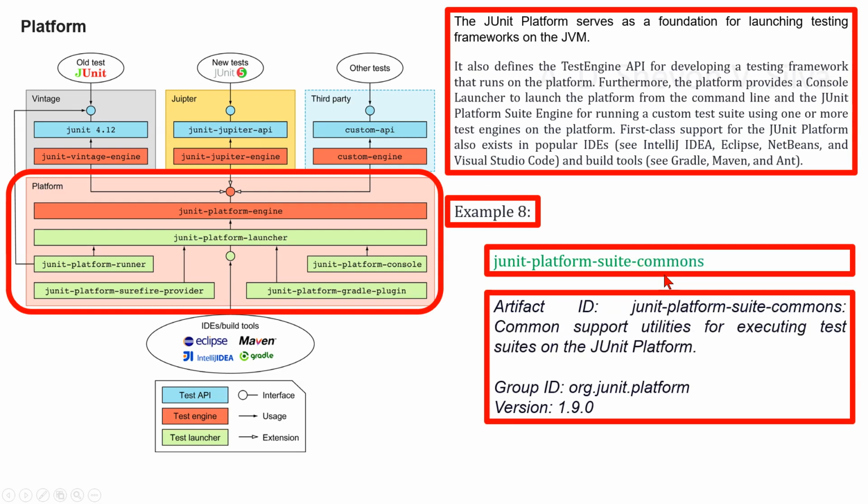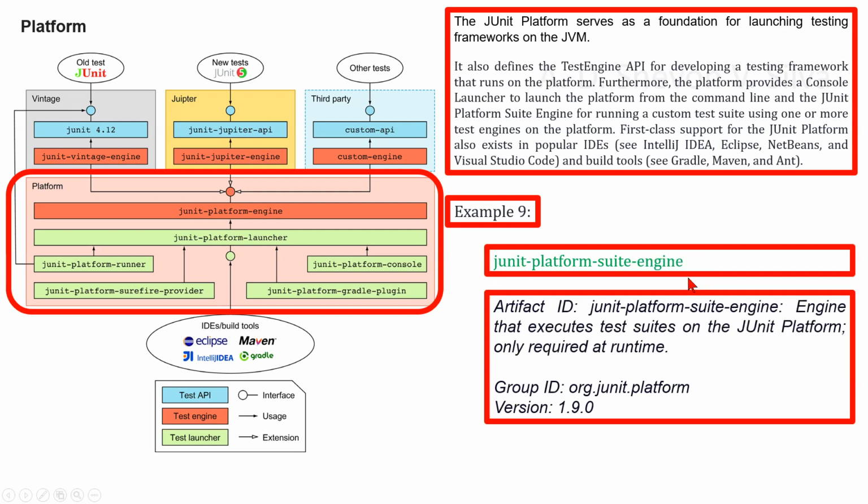org.junit.platform. As an example 8, we can consider JUnit platform suite commons artifact. JUnit platform suite commons is common support utilities for executing test suites on the JUnit platform. This is under the group ID org.junit.platform.